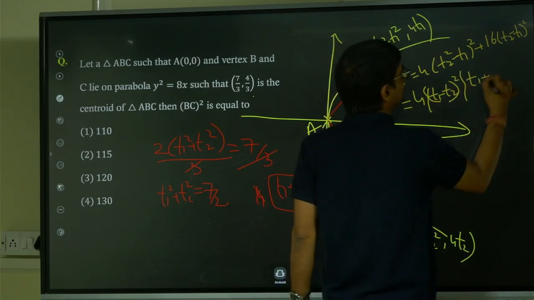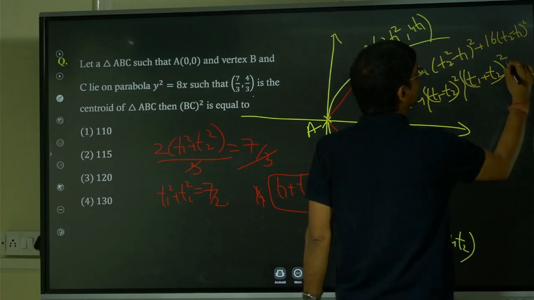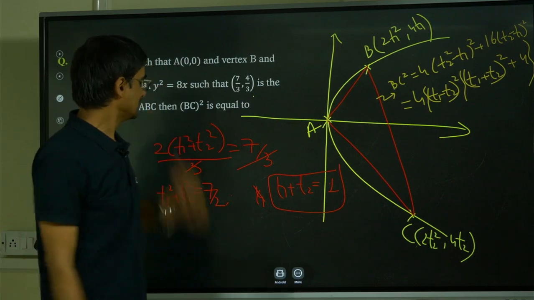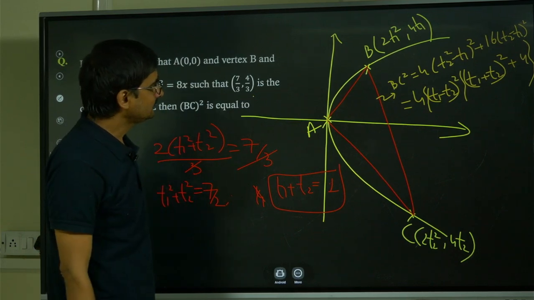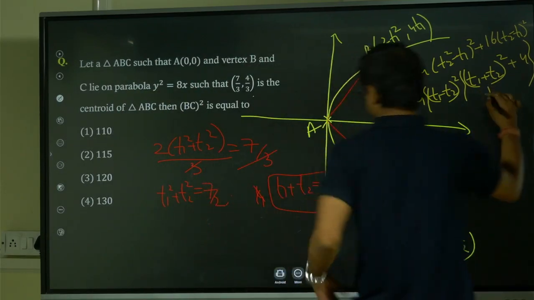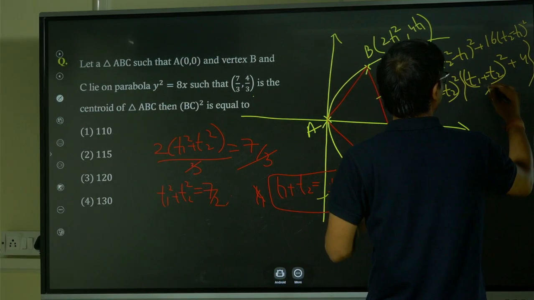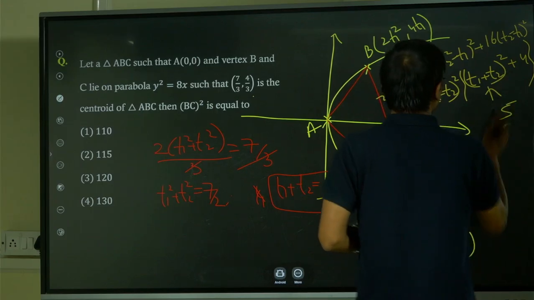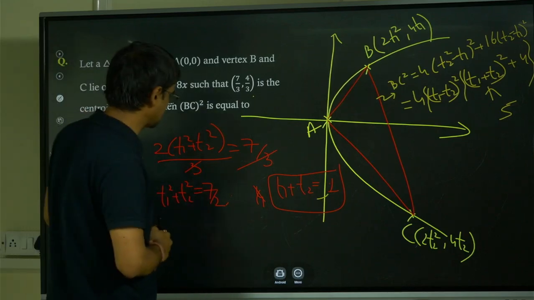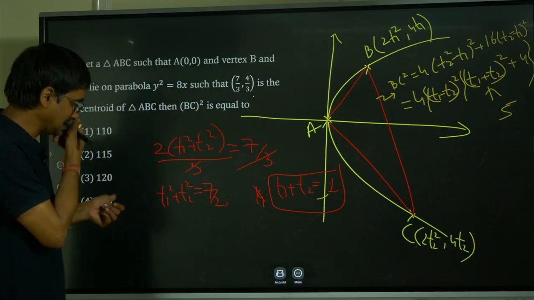This is (t1 plus t2) whole square plus 4. We have t1 plus t2, so we are done. We need t1 minus t2, we are done. t1 plus t2 we directly have, (t1 plus t2) whole square, this is 1, so this is 5 into 4, 20. And then we need (t1 minus t2) whole square.